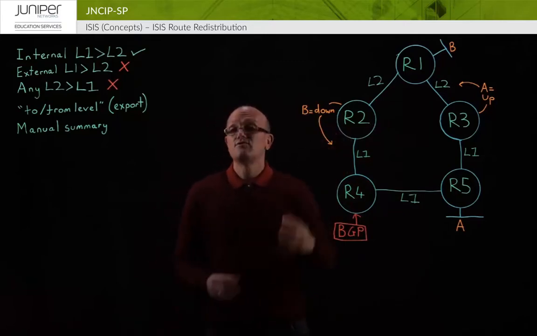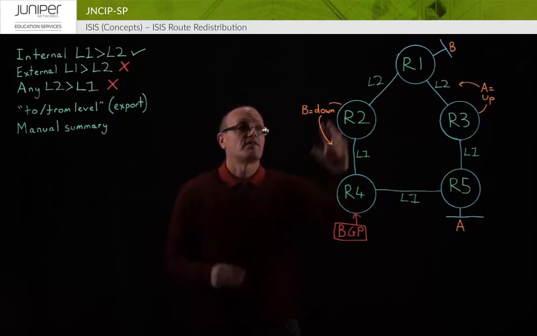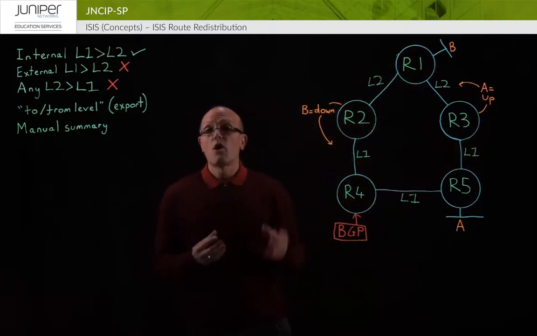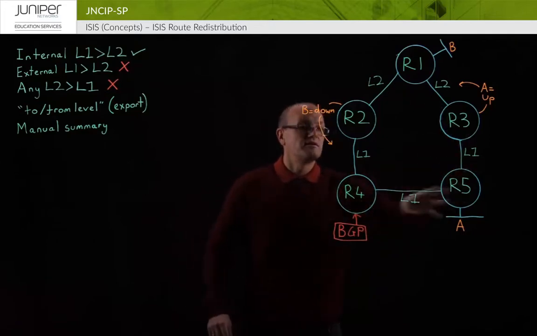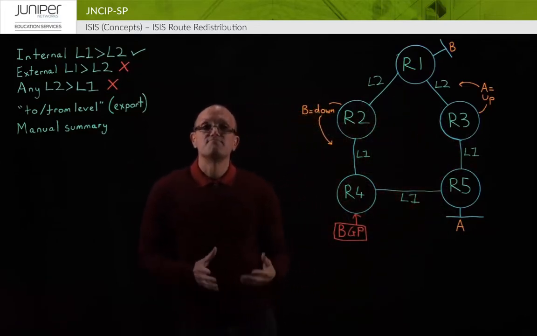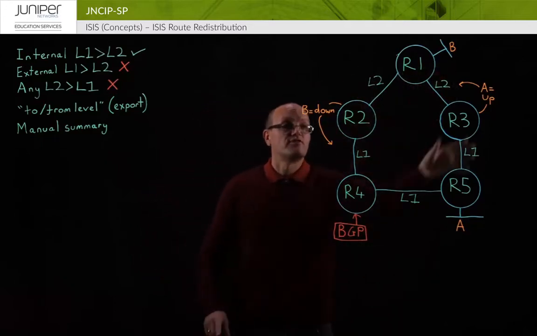And this means that he's not allowed to now advertise that route up to level 2. So the route only propagates within level 1 once it's been redistributed. Thereby, we're breaking the chances of this routing loop existing.